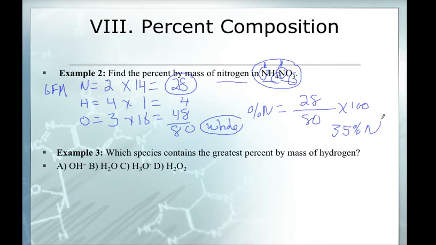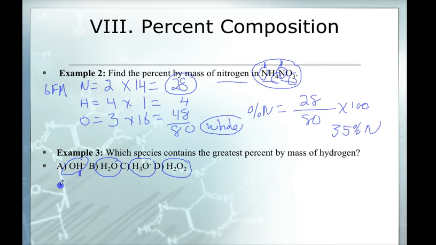If you look at the question at the bottom, and this is a little bit tricky, it says which species contains the greatest percent by mass of hydrogen. So what you have to do is go through each compound and determine which one's going to have the largest percentage by mass of hydrogen in it. A couple of things you could do: if you're looking for the one that has the most hydrogen, you want to look at which one has the most mass of hydrogen as opposed to the oxygen.